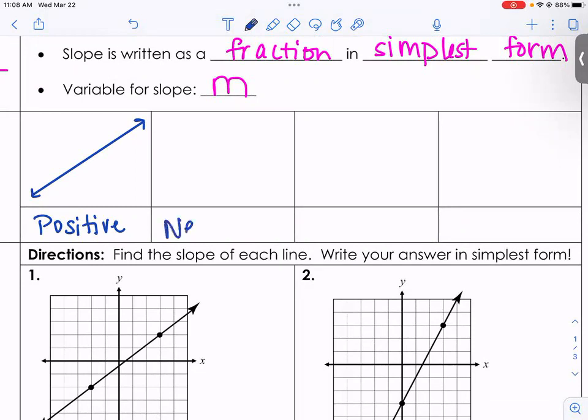Versus when we have negative slope, we have a line that is falling or going down and then over. Okay, there's 4 different kinds of slope. What else could we have?